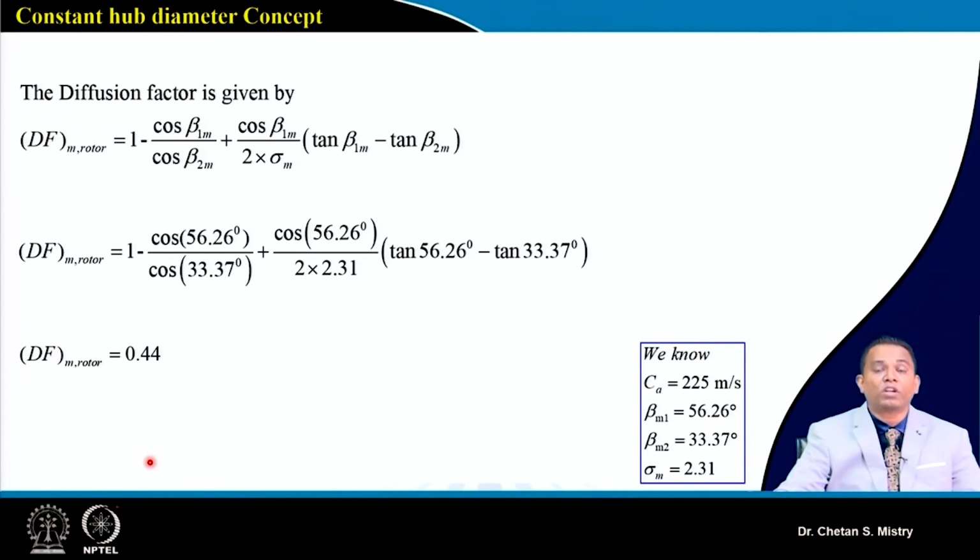Once we know our solidity, the immediate parameter to be calculated is my diffusion factor. The diffusion factor of this rotor we can calculate based on beta 1, beta 2 and the solidity. If we write this, it is coming as 0.44.